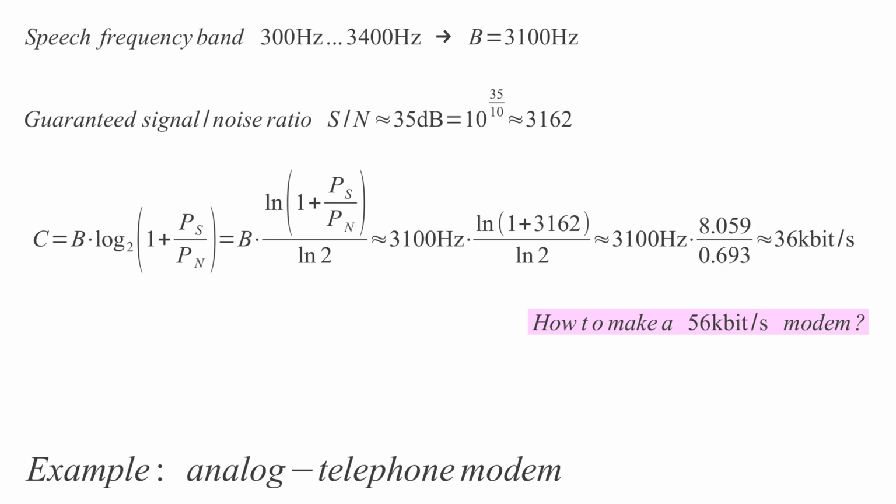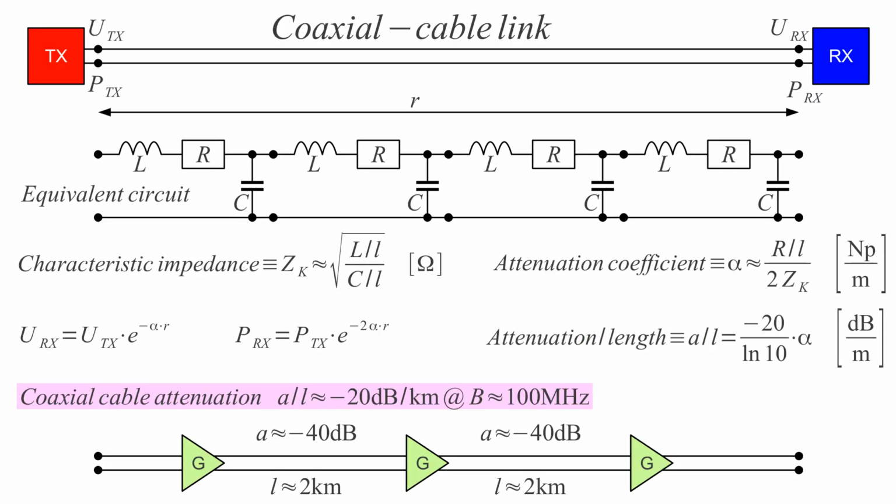And one of the first links was a wired link. All wire links, copper wire or metal wire links, behave in a similar way. The most common solution is a coaxial cable link.